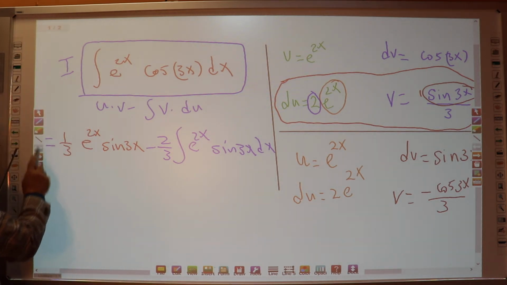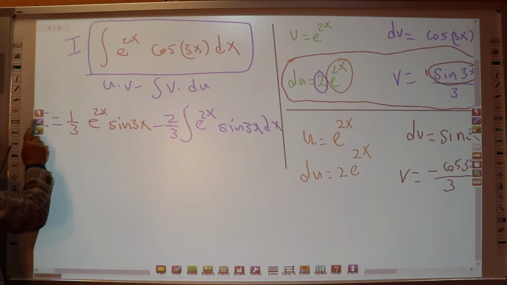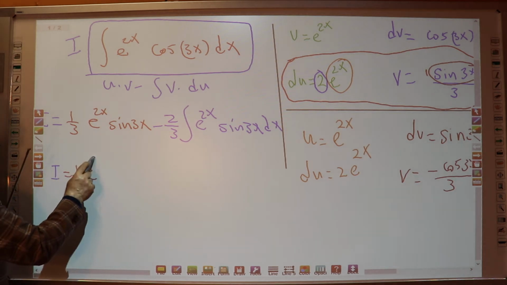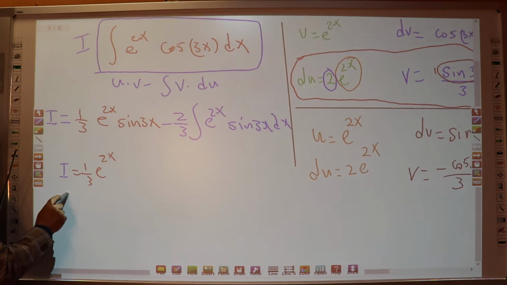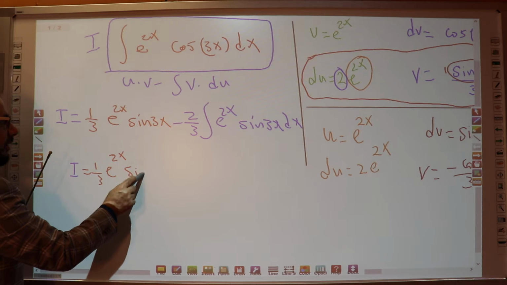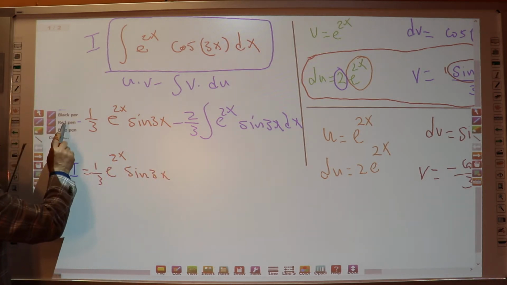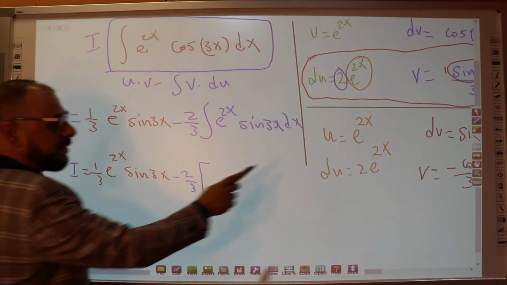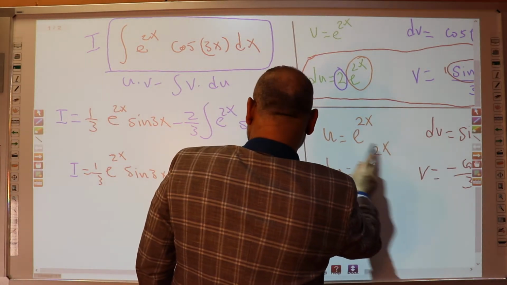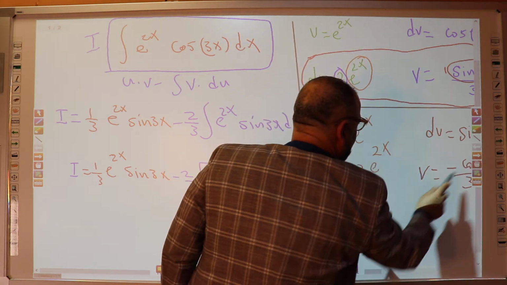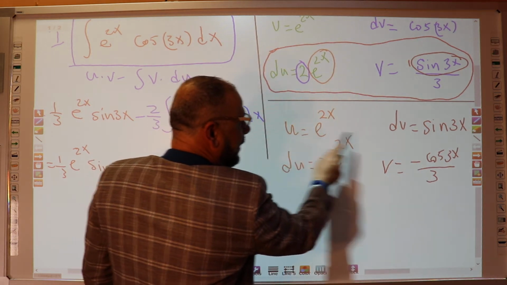Okay, this I equals now 1/3 e to the 2x sine 3x minus 2/3 bracket uv. What do I have here, guys? Negative 1/3 again, right? u and v.